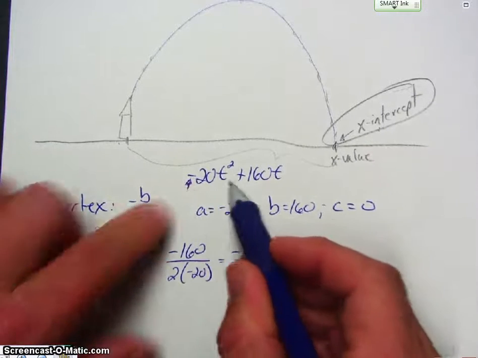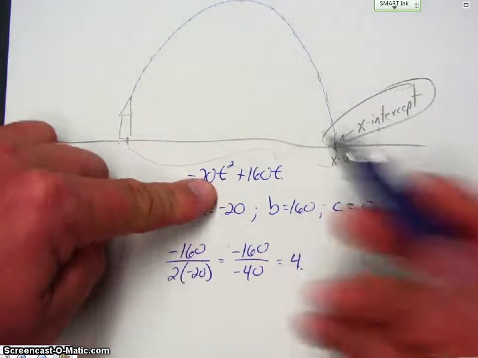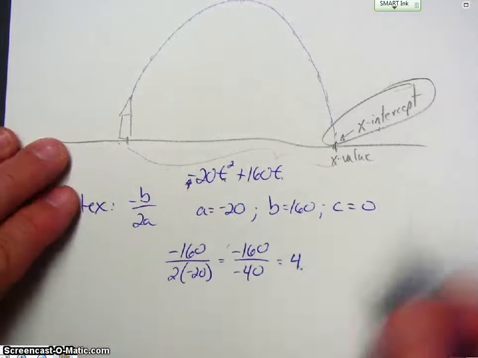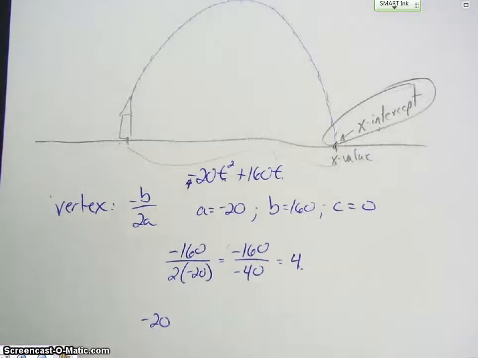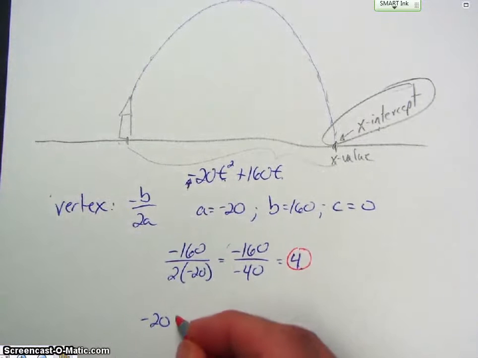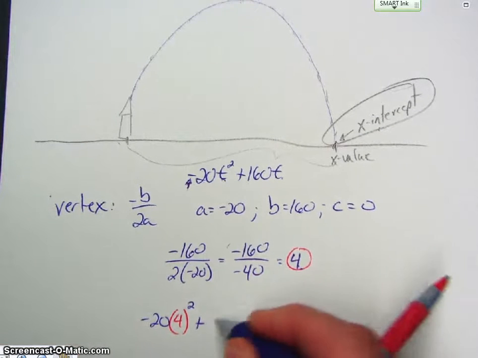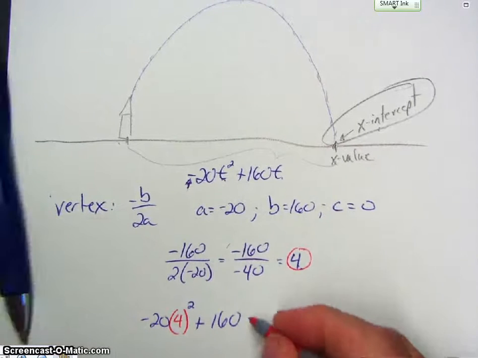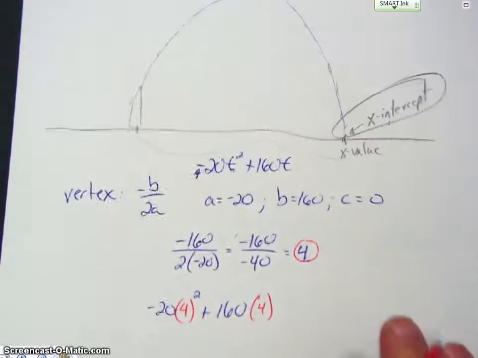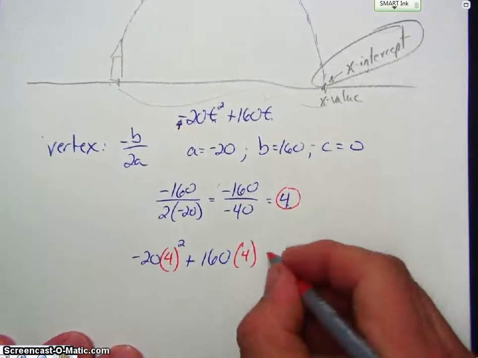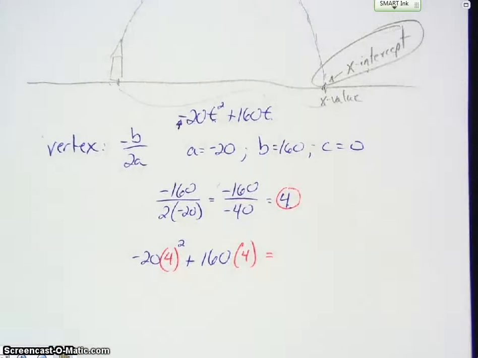Okay, and we're going to take 4 and plug it back into the equation for t, which we normally use x's for, but here it is just t. So we're going to do negative 20 times 4 squared plus 160 times 4. All right, so let's bust out the calculator. I'm going to do 4 squared first.